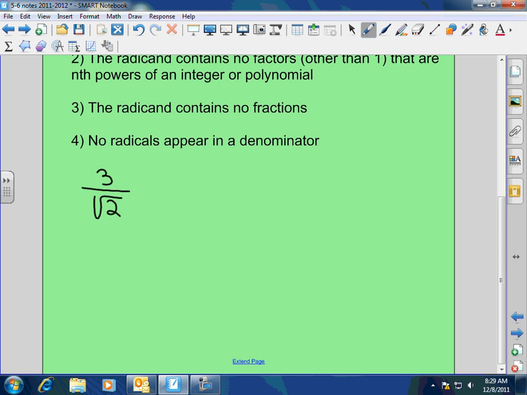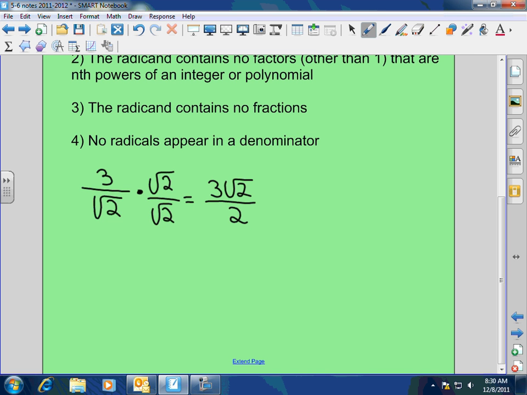So in this case, I would be multiplying by square root of 2 over square root of 2. 3 times square root of 2 is 3 square root of 2 over square root of 2 times square root of 2 is 2. Whenever you multiply the same radicands raised to the same index together, you cancel out the radical, and the radicand comes out as one unit.